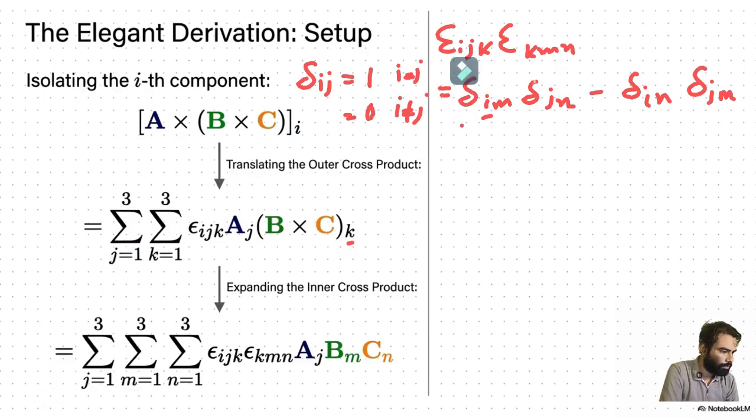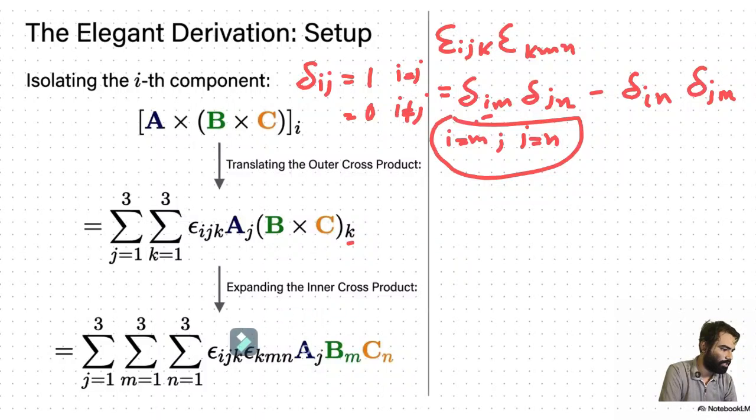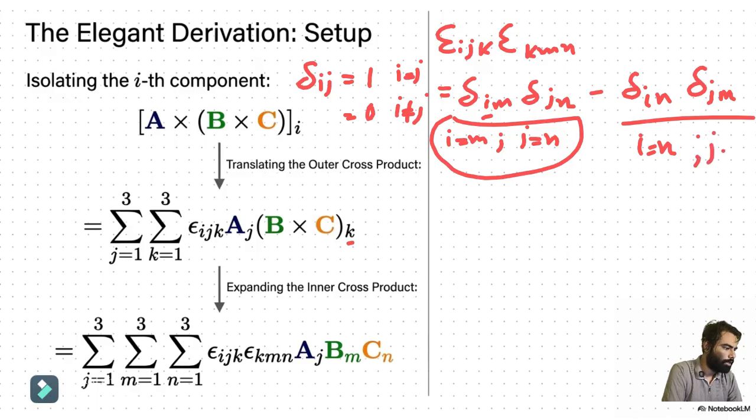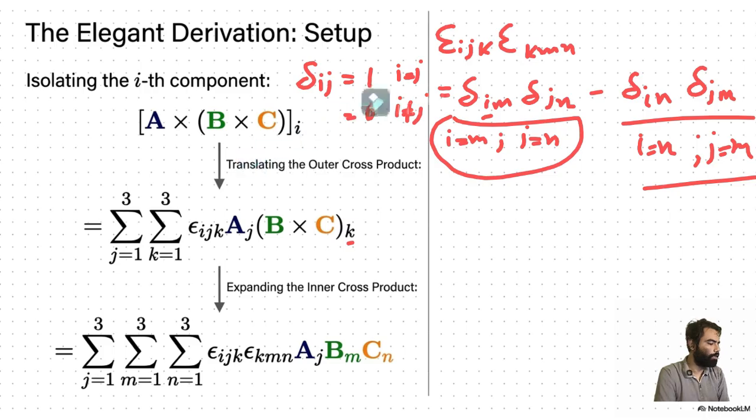And for the second term you can see that i is equal to n and j is equal to m, because only in that way will it give you a positive one output; otherwise the terms will vanish.